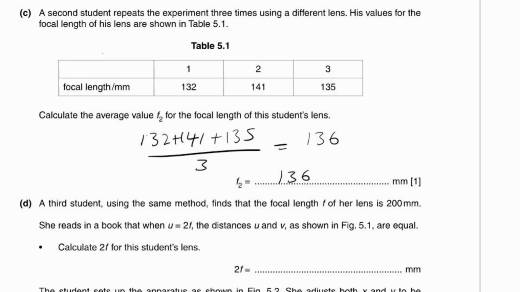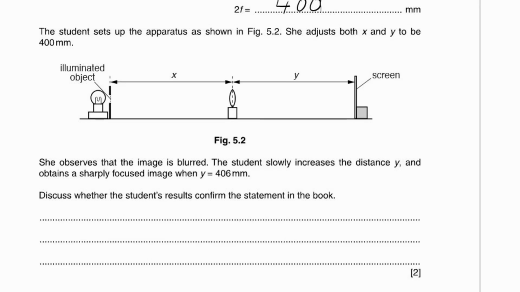So that's 2 times 200 millimetres, that's 400 millimetres. And as we come down, the student sets up the apparatus as shown in figure 5.2. She adjusts both x and y to be 400 millimetres. She observes that the image is blurred. The student slowly increases the distance y and obtains a sharply focused image when y is 406 millimetres.